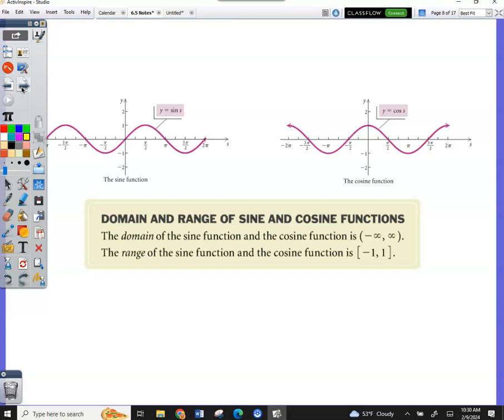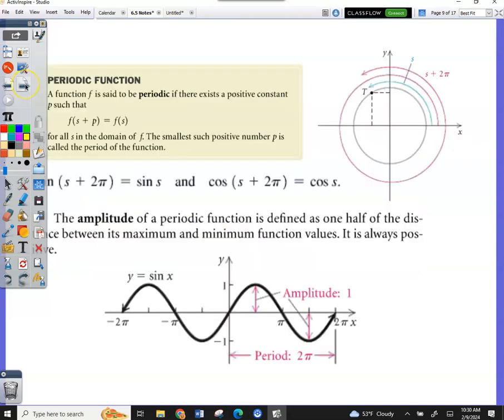It's oscillating between -1 to 1. So the range of sine and cosine is -1 to 1. Okay. Read that, put it in your pipe and smoke it, I guess you could say, digest it, and then now let's move on. So no matter what, the range will always be -1, 1.